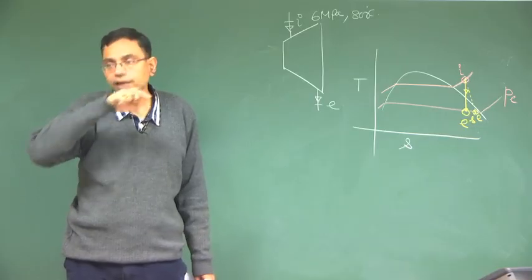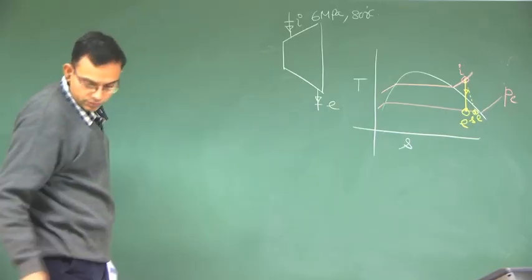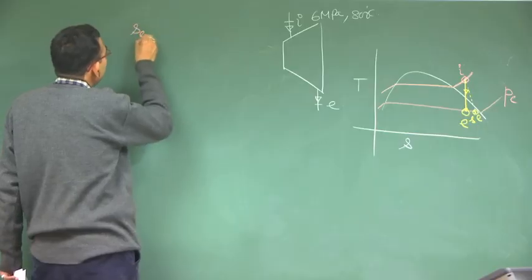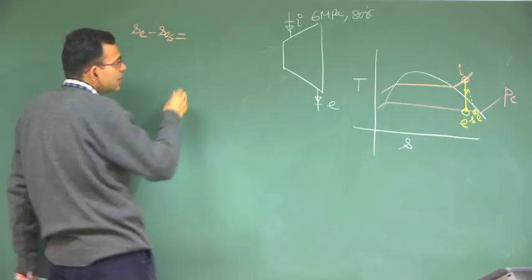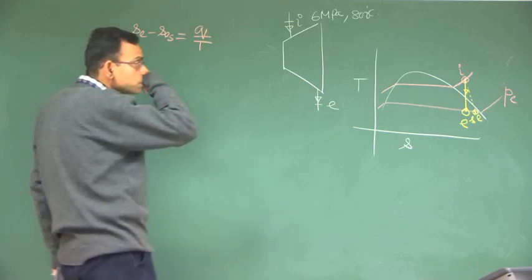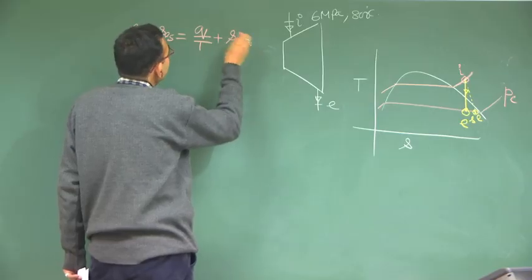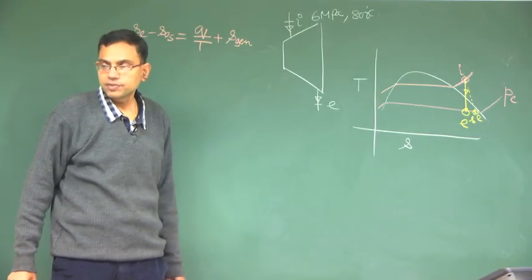From ES to E you can write SE minus SES is equal to some Q by T plus entropy generation, right.